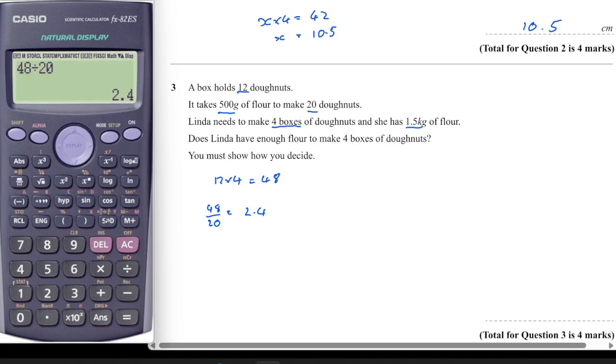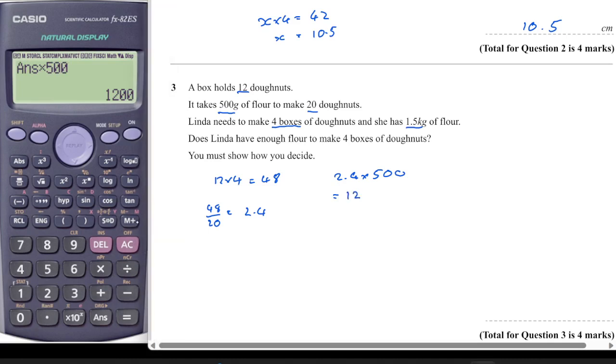So 2.4 times by 500 is going to be equal to 1,200 grams, which is equal to 1.2 kilograms. So yes, she does have enough flour. And I'll just finish that by saying 1.2 kilograms is less than 1.5 kilograms.